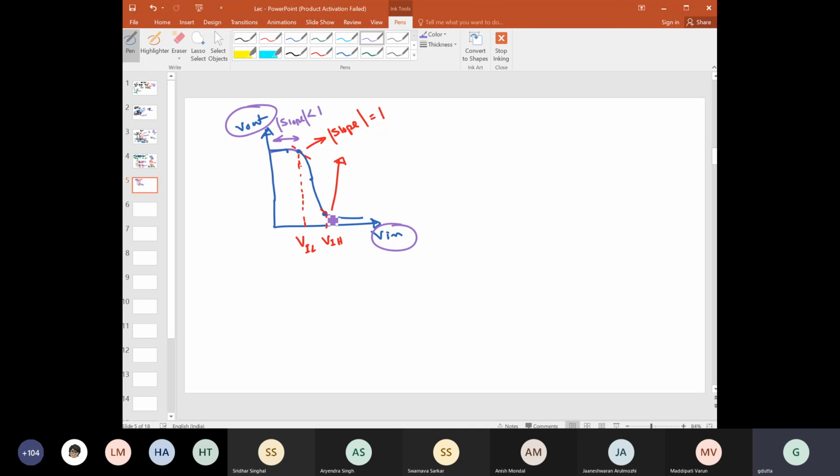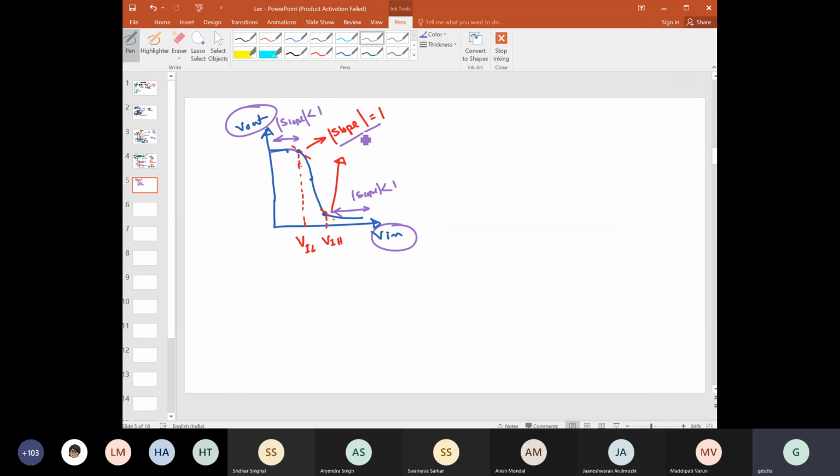Similarly here the magnitude of the slope is also less than 1, so any noise here will also get attenuated. That is the reason we specified these two points VIL and VIH.